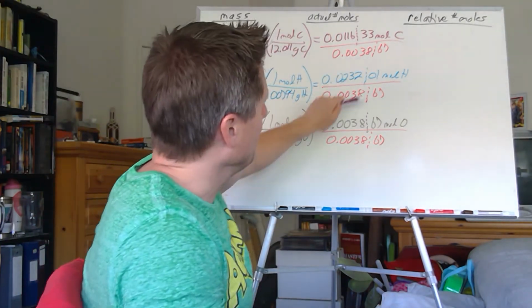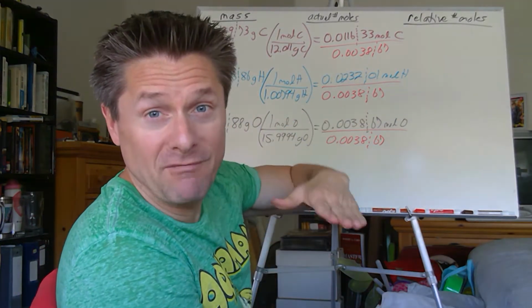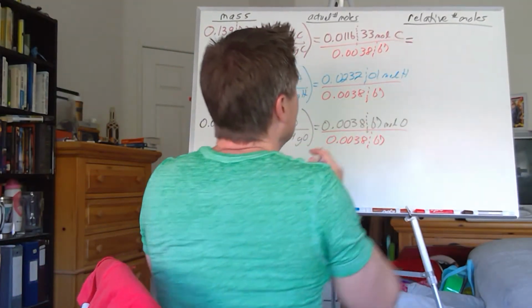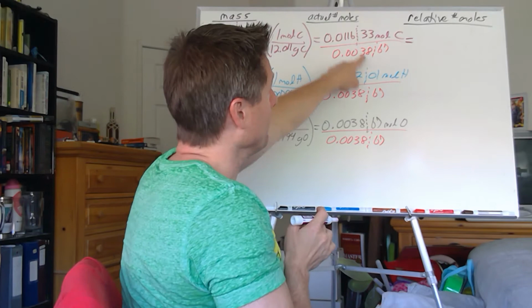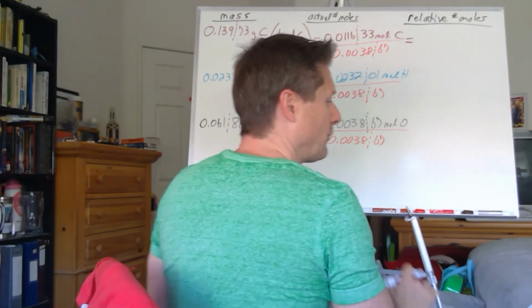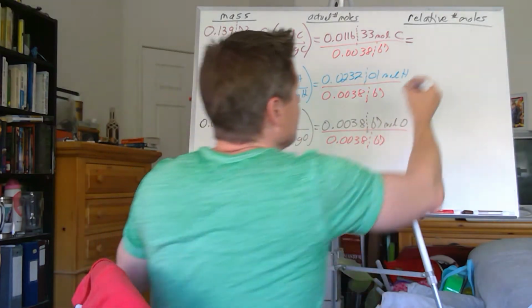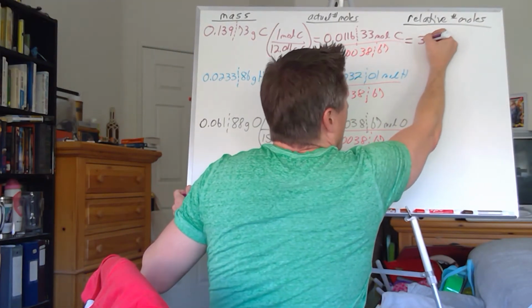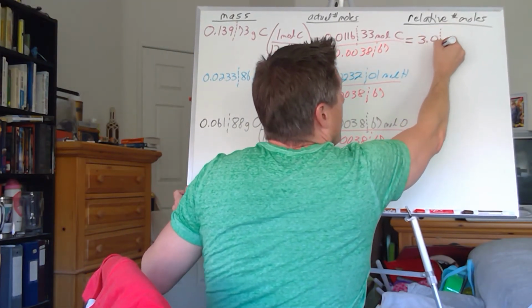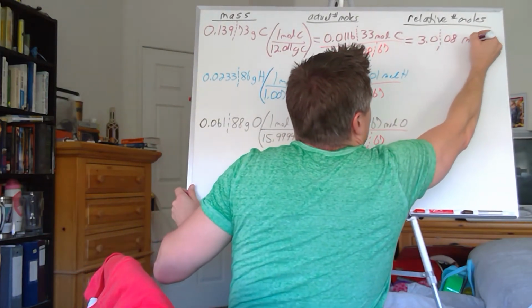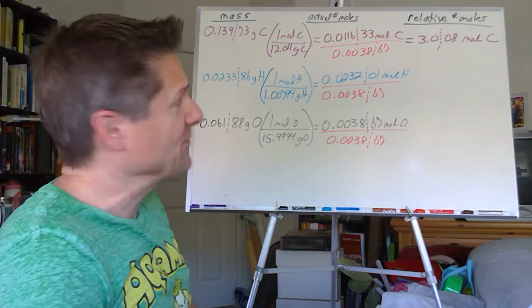We're going to be stuck with 2 significant figures because we're dividing by the actual number of moles of oxygen in this case. So for carbon, we got 3 there, 2 there. If we look at the relative number of moles to 2, that really limits our sig figs, doesn't it? I get 3.0, there's my 2 sig figs, 3.008 moles of carbon. That's pretty close to 3, but we don't know.